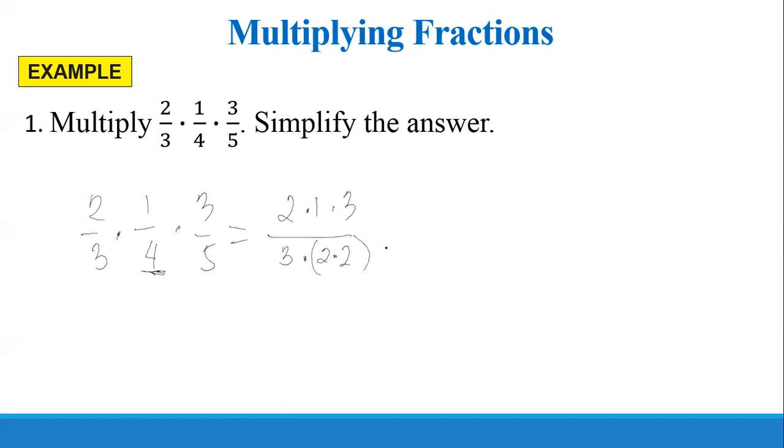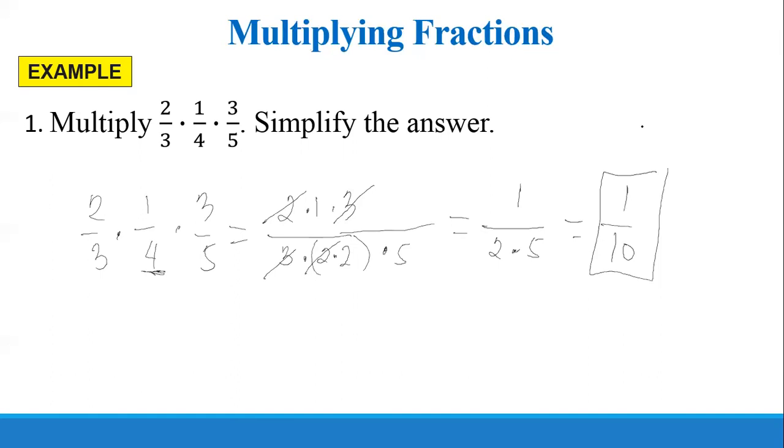Tama? And then, yung 5. Okay? And then, pwede ka nang mag-cancel out ng nasa numerator and denominator. So, 2 and 2, 3 and 3. So, ano yung natira sa taas? 1. Sa baba, 2 and 5. Okay? And this is now equal to 1/10. So, madali lang. So, the product is 1/10. This is now in simplest form.